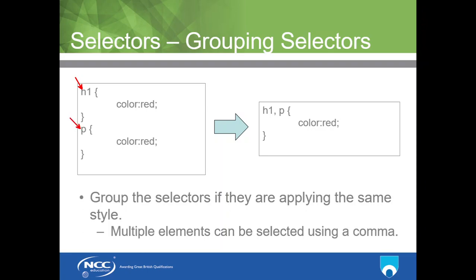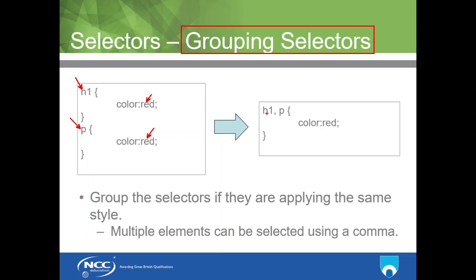You can have the P selector to select your paragraphs. Now, if you have a scenario like this one, where your H1s, you want them to be colored red, your paragraphs, you also want them to be colored red, then that is a good recipe to group these two selectors, because you want the same color for both the headings and the paragraphs.